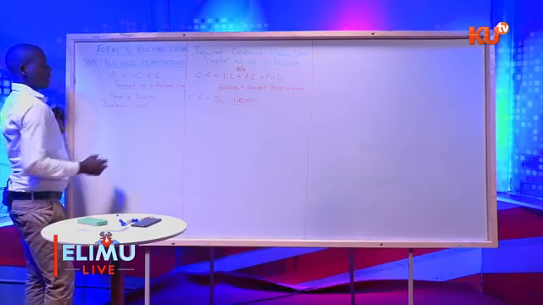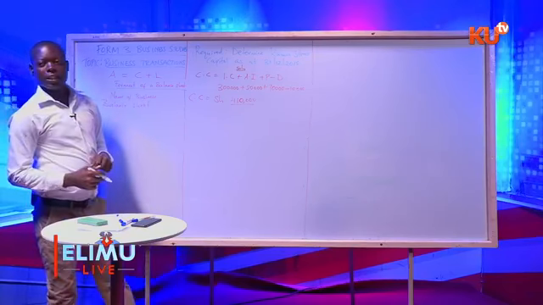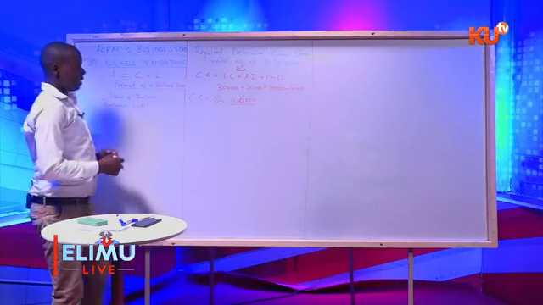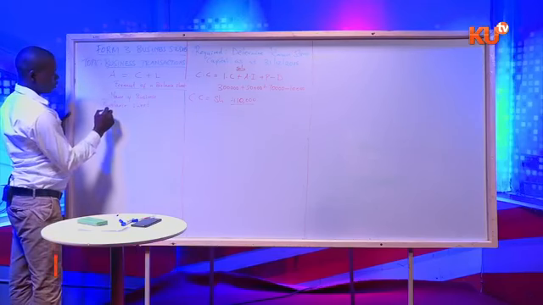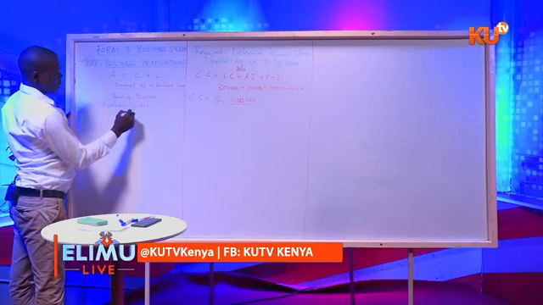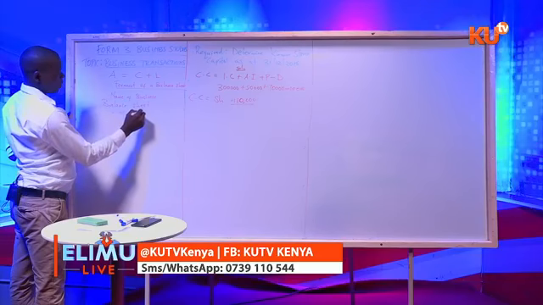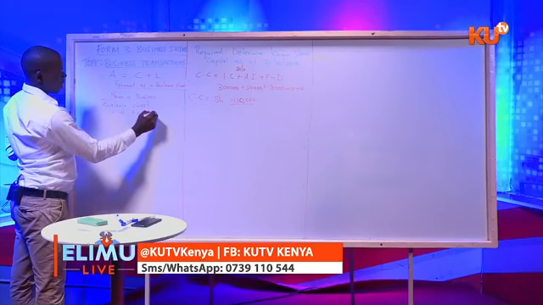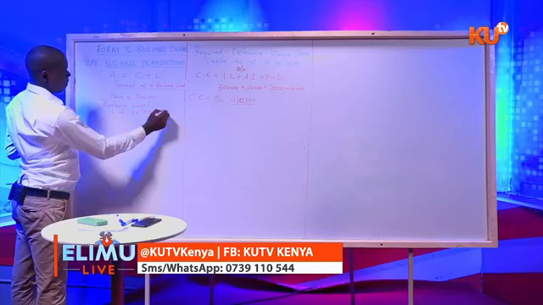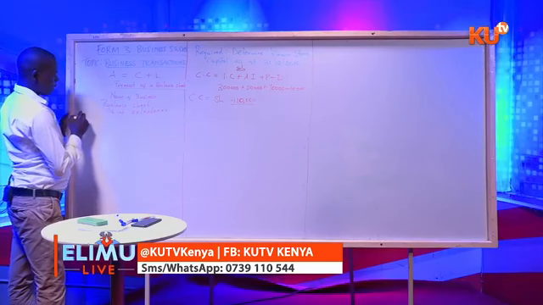And below the balance sheet, we write the date when the balance sheet is prepared, so let's say as at. Then we give the date, the month, and the year.